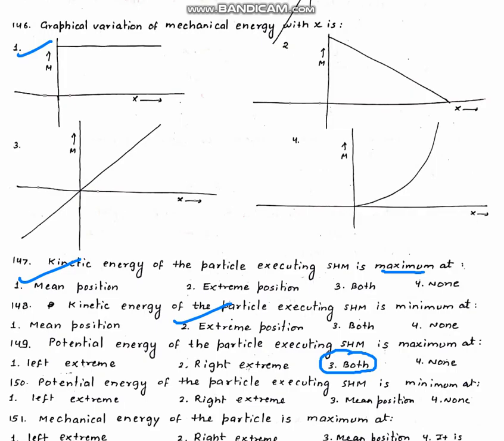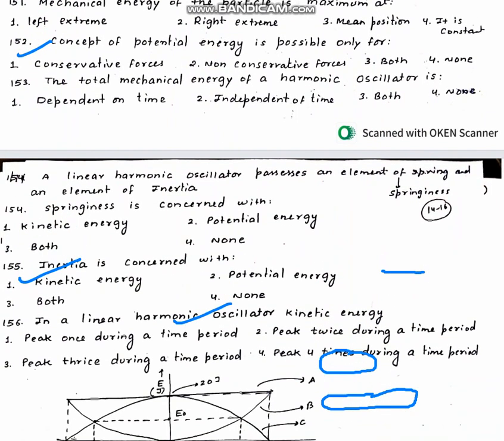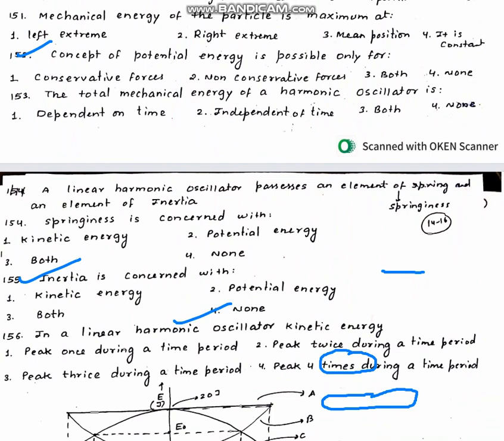So it is minimum at the mean position. Next is mechanical energy of the particle is maximum. So mechanical energy is a constant. So it is same at every place. So fourth is correct over here.